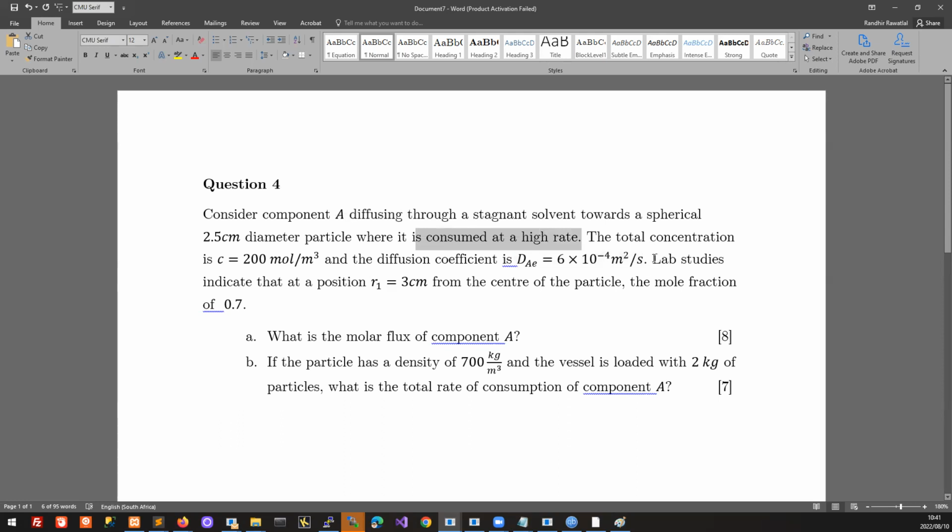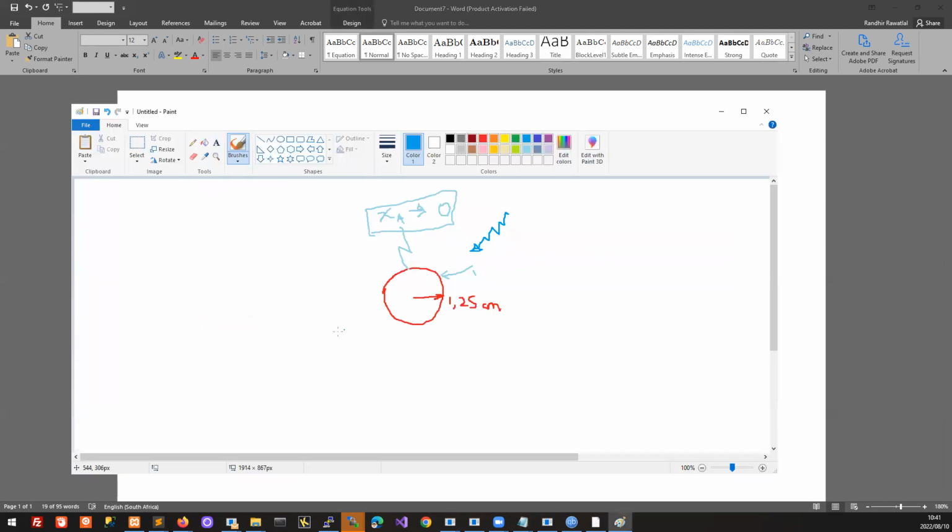And then the other fact is that at some distance from the particle, we have a mole fraction. So at some position out here, we are told the position is 3 centimeters from the center. And so at 3 centimeters, we have a mole fraction of 0.7 for A. And of course, that is then the radial position 3 centimeters.